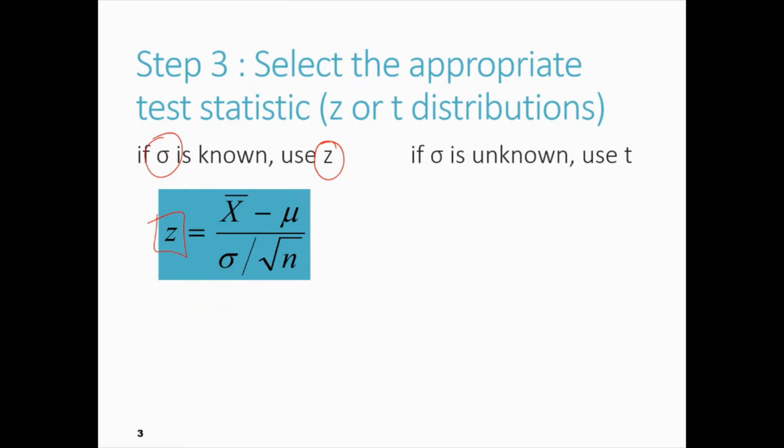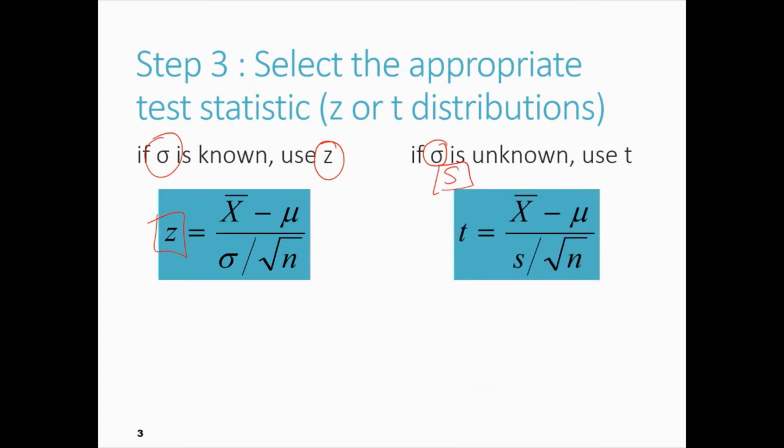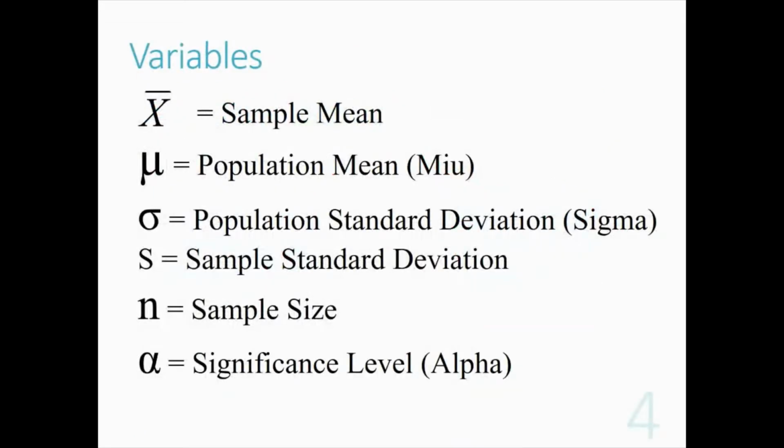If you do not have the population standard deviation, but you have the sample standard deviation S, then you will use the T statistic. So step 5, you will calculate the T, and you will get your critical value for T on step 3. So all of this, what is T, what is X, what is mu, what is N, what is S, there's a lot of different letters. So let's see what they mean.